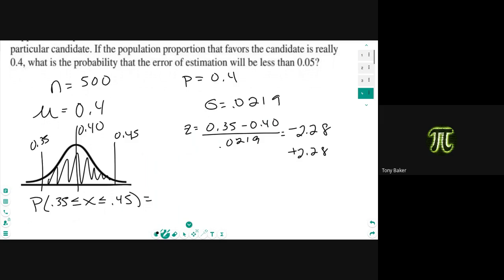Negative 2.28 is 0.0113, and then positive 2.28 is 0.9887.